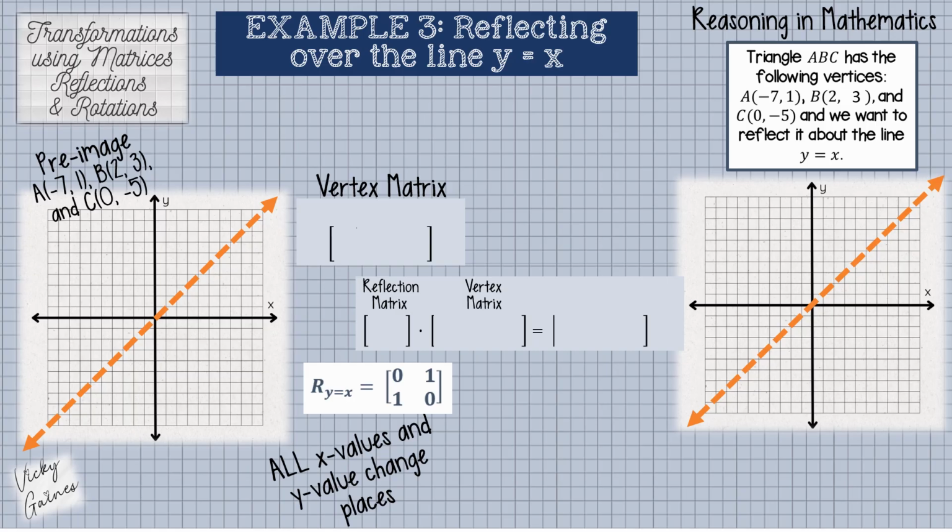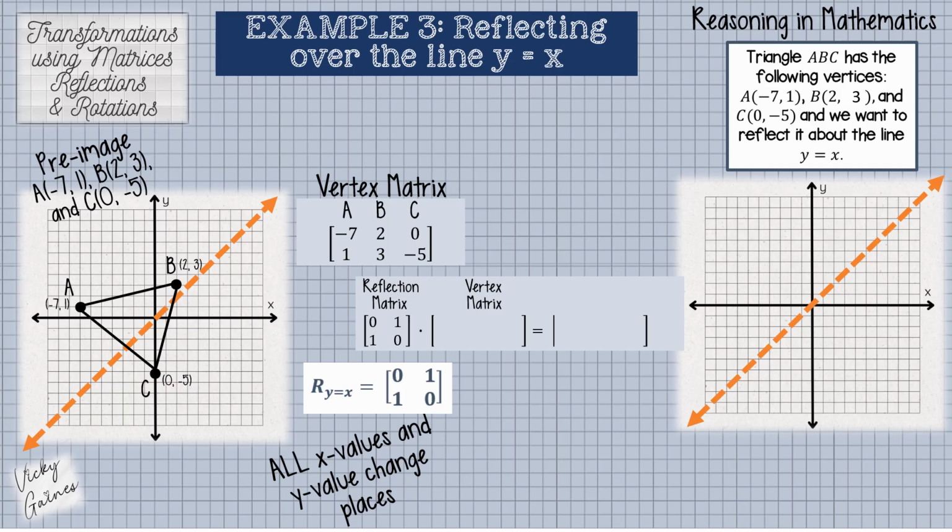reflection matrix is going to do when you reflect over the line y equals x. So our original pre-image vertex matrix: A is at -7, 1, B is at 2, 3, C is at the point 0, -5, and we can combine them to make our triangle. Connect the points.